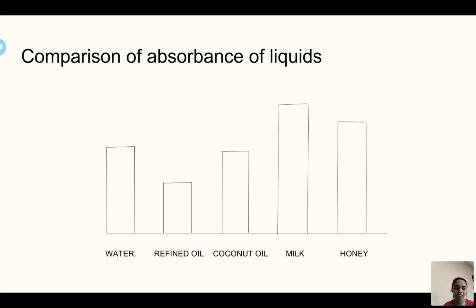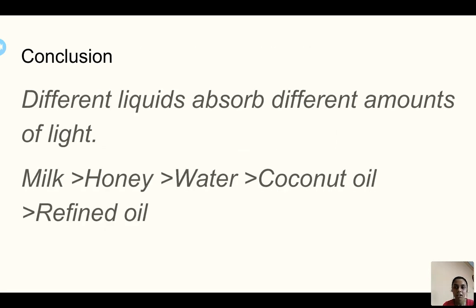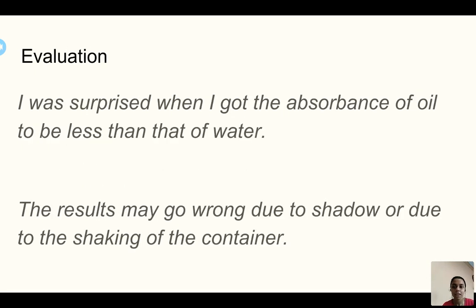So water is somewhere in between, that is not that good an absorber and also not letting through all of the light. And now what can we conclude out of it? So we can conclude that different liquids absorb different amounts of light, and if we put them in descending order of their absorbance, we will get milk absorbs more than honey, water, coconut oil, refined oil, and so on.